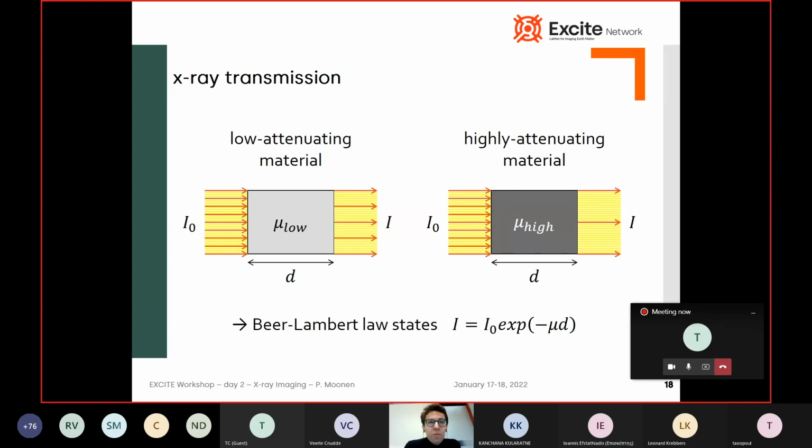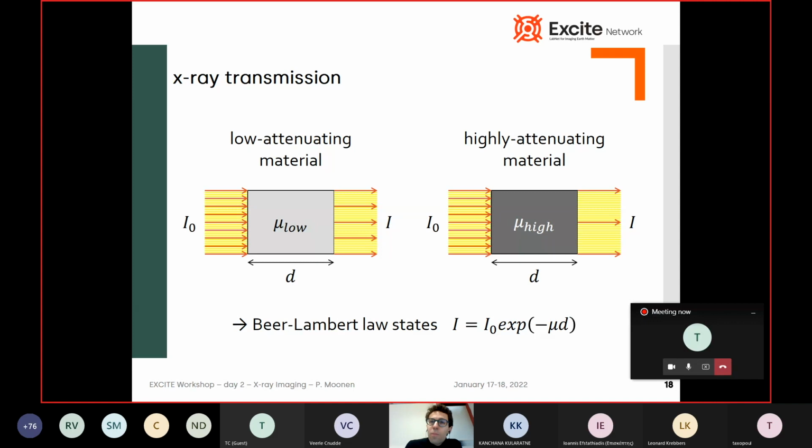Some photons will be stopped, but only a minority. On the other hand, at the right side, you have a highly attenuating material, let's say uranium. You have a very dense electron cloud, so a high number of incident photons get stopped, and only a very small portion of the beam makes it through.